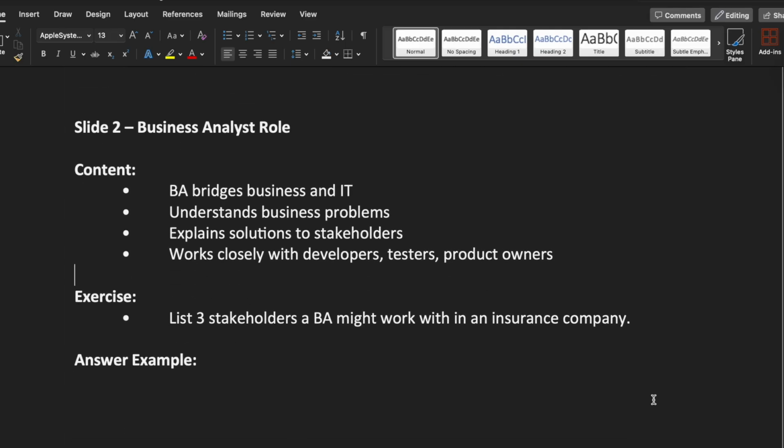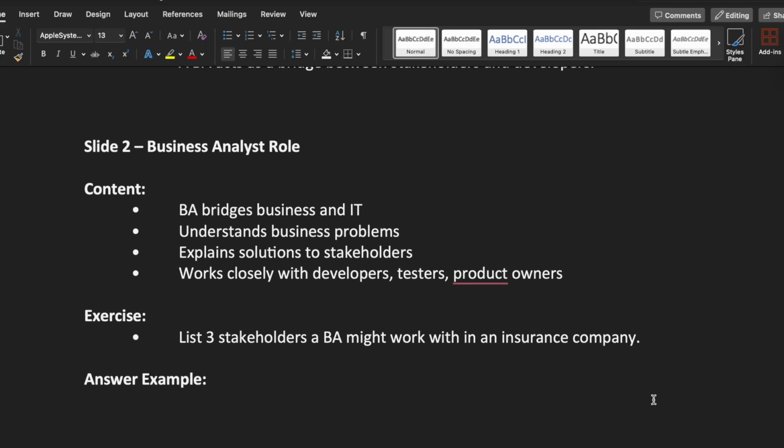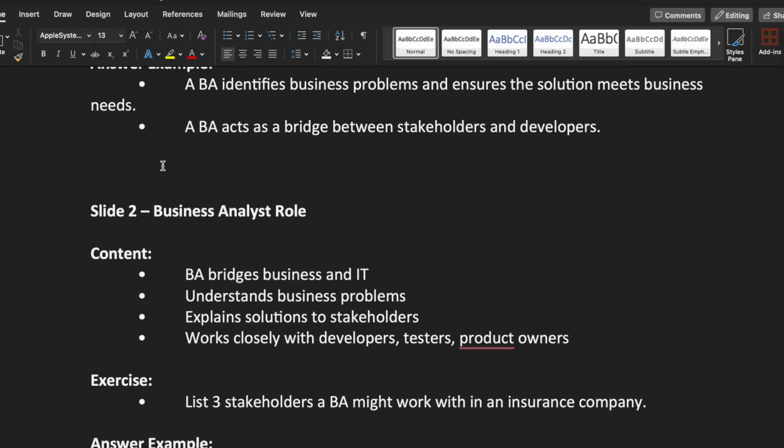Business owner can mean a big organization, where they have multiple products. Let me give you an example. Think of a bank. Or we can take the doctor's office example.